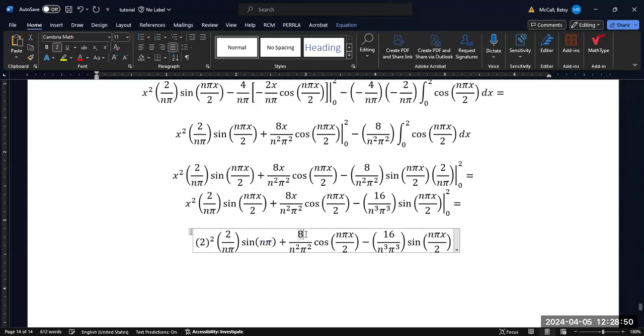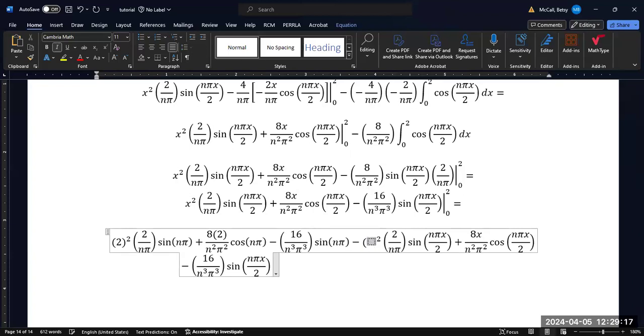And this is going to be times 2. And then this is going to be 2n, this x is 2, divided by 2, this is going to be n pi. And then this is going to be 2, that's going to divide by 2, this is going to be n pi.